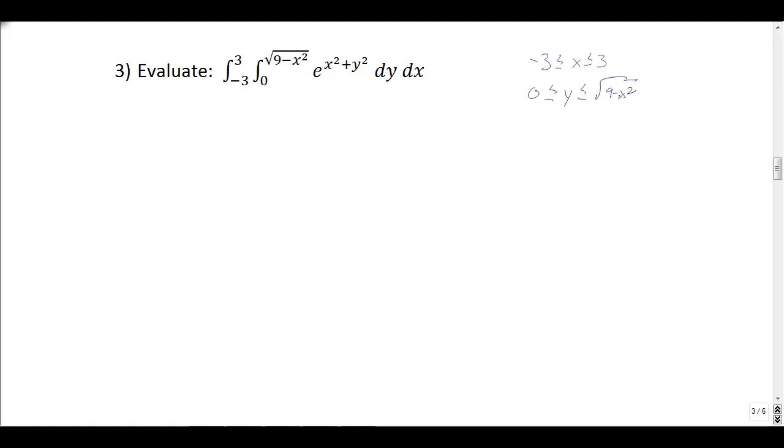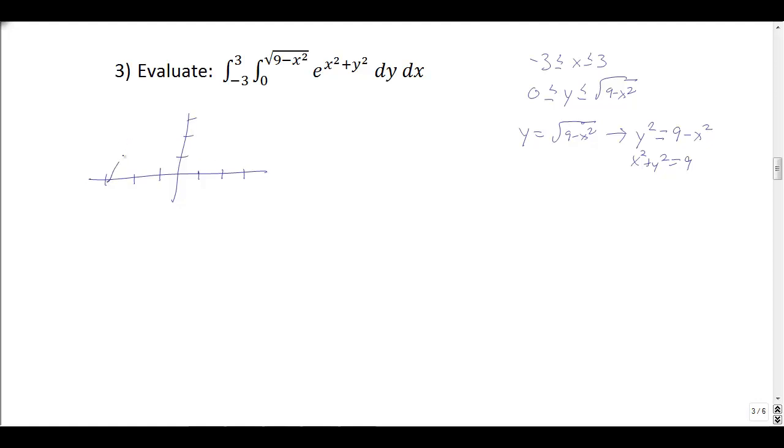Now, this upper bound is y equals square root of 9 minus x squared. If you square both sides, you get y squared is 9 minus x squared. That's x squared plus y squared equals 9. That's a circle of radius 3. I go 1, 2, 3 in the x direction.